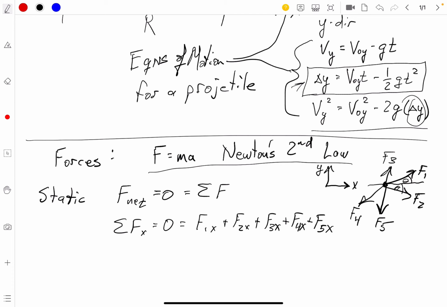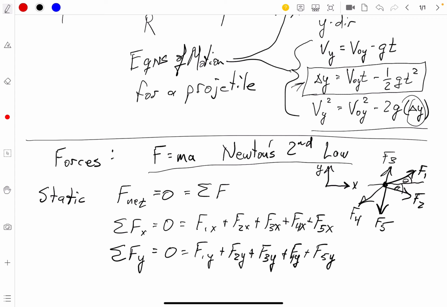And all you got to do is figure out the x component of these things. You do that and you add all those things up, and one of them is something that you're looking for. You're going to do the same for the y direction. That's a 5. The 5 caught me.